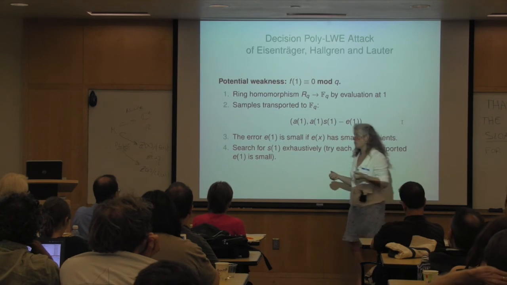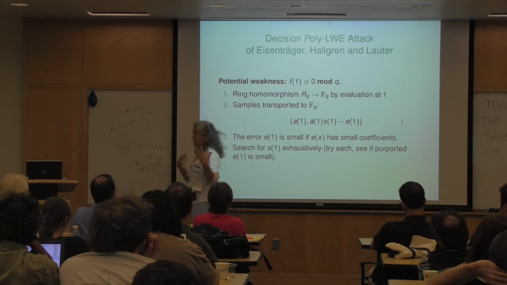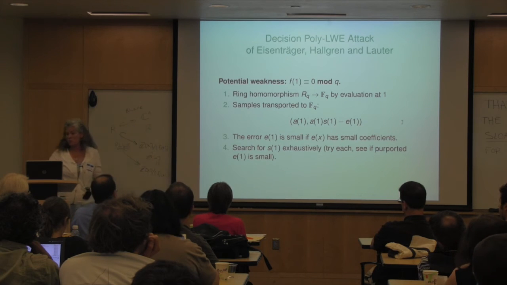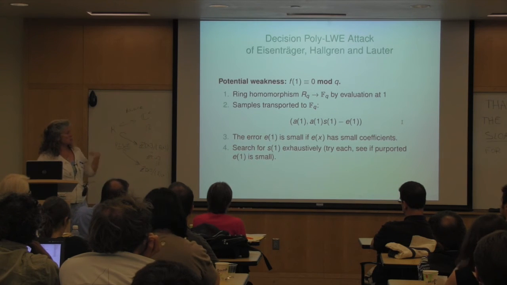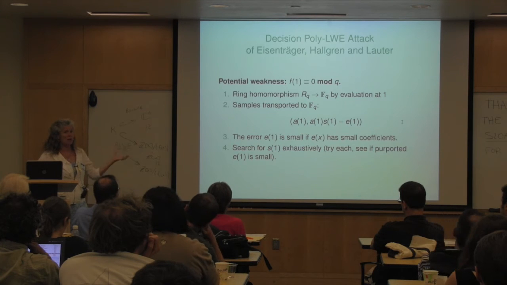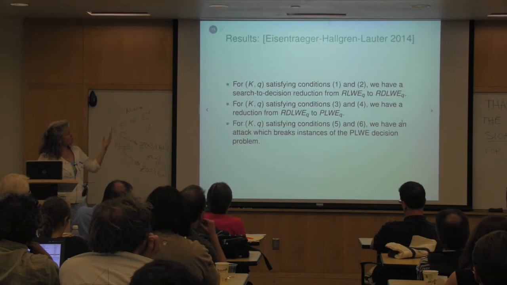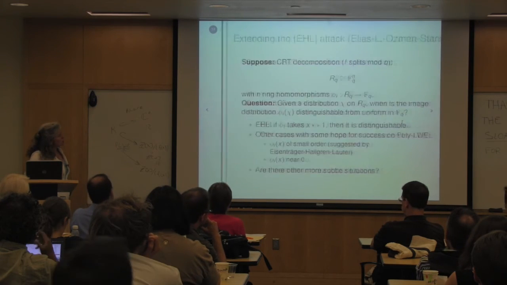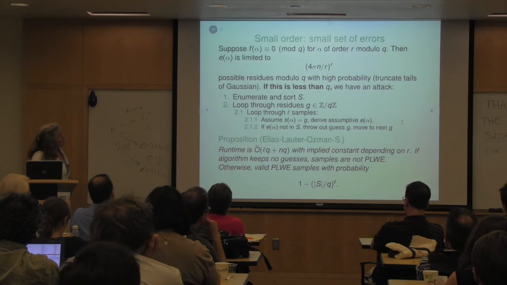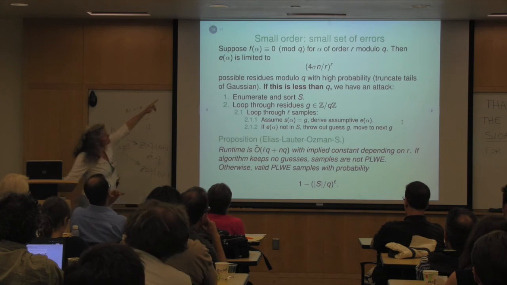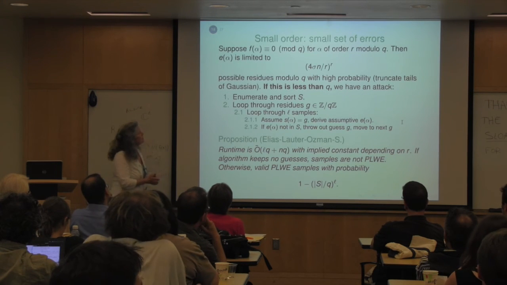That's a different way of distinguishing. Again, it's not as subtle as just trying to distinguish from uniform. It's specifically enumerating a small set of possible error values and then checking whether you're in that error set. That was one of the ways in which we generalized the attack, and that's what I mean when I say small order, a small set of errors.